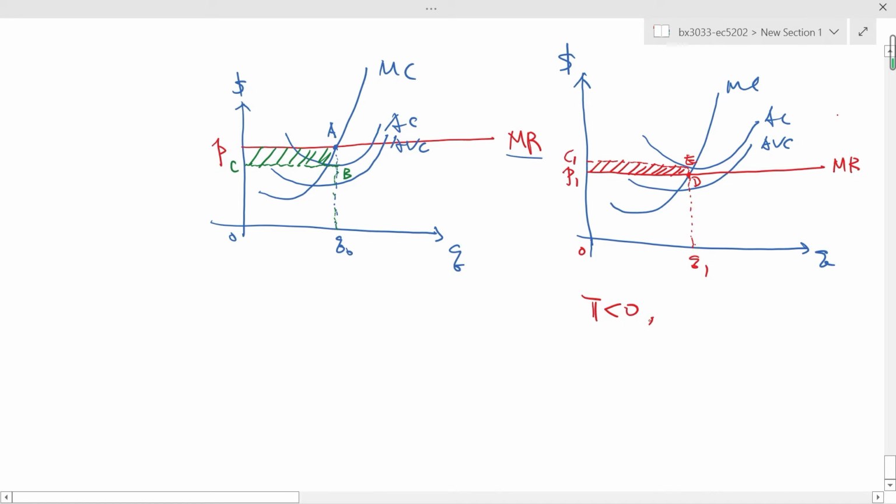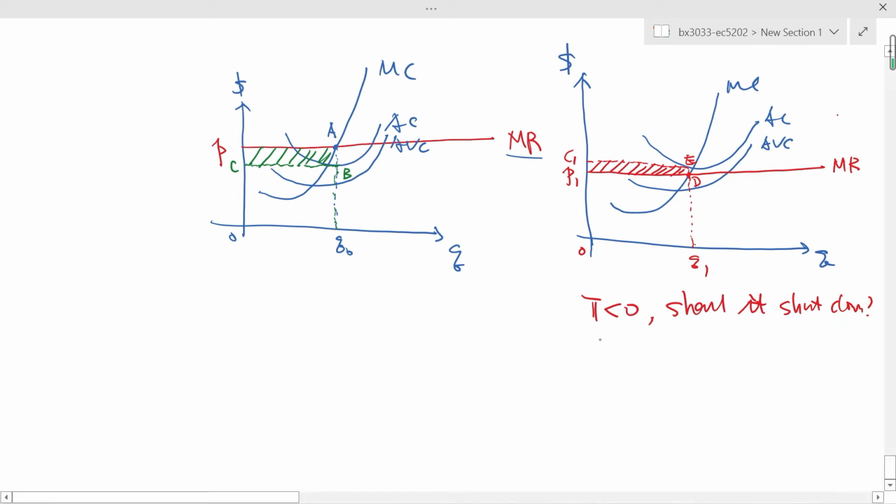Okay, should the firm shut down? To answer this question, let's see whether my revenue can cover my variable cost or not. So in making this decision, the fixed cost, you won't worry about it because you already paid it. It's sunk. Okay. So you want to ignore this part.